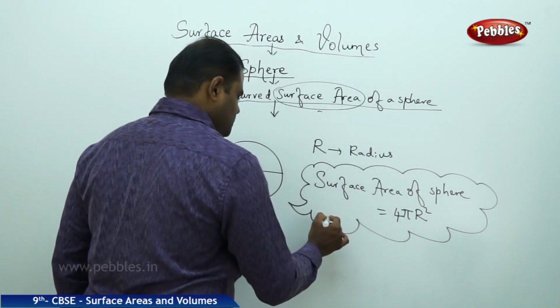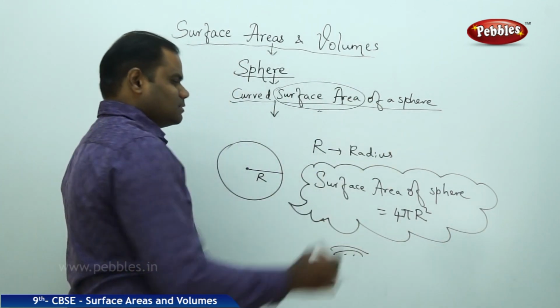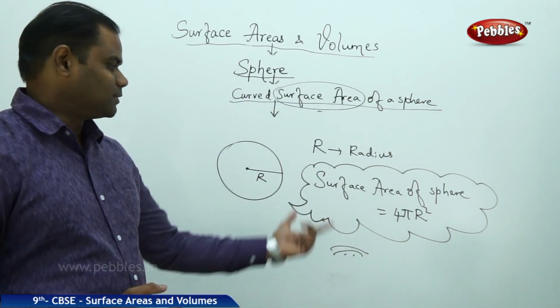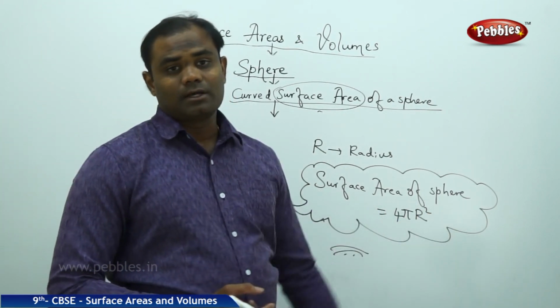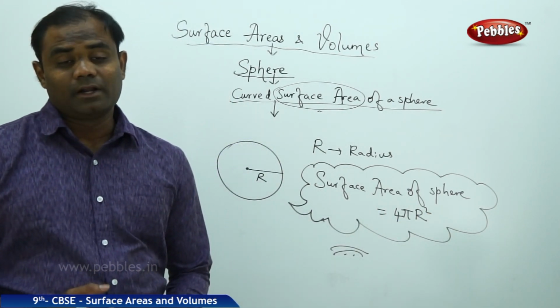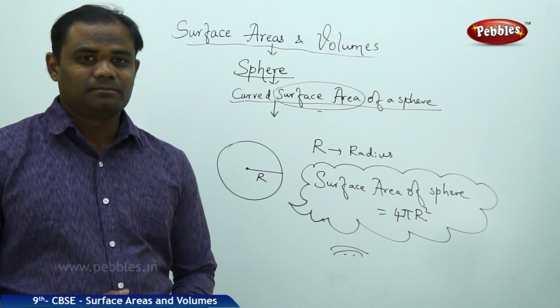That's how we understand the surface area of a sphere: 4 pi r squared, where r is the radius of the sphere.